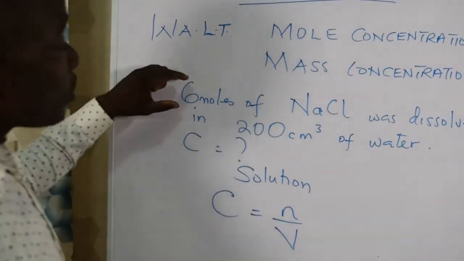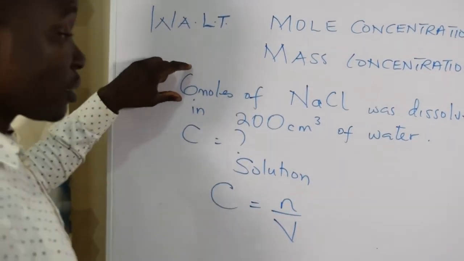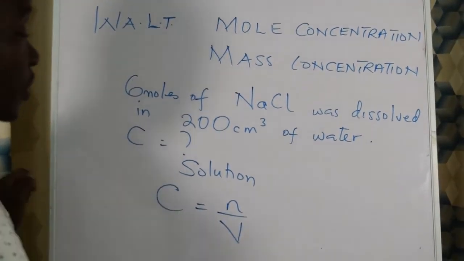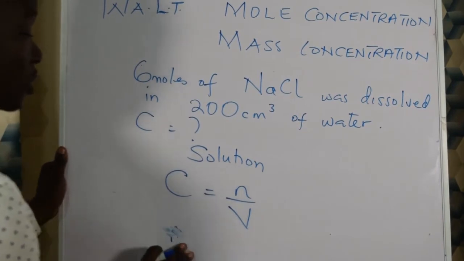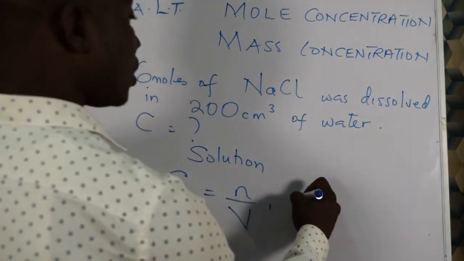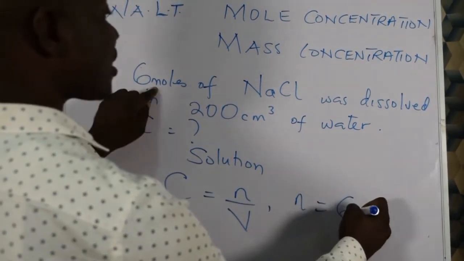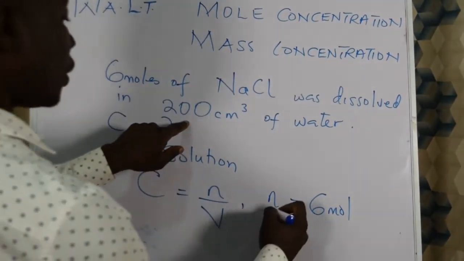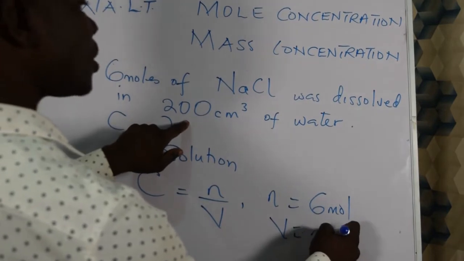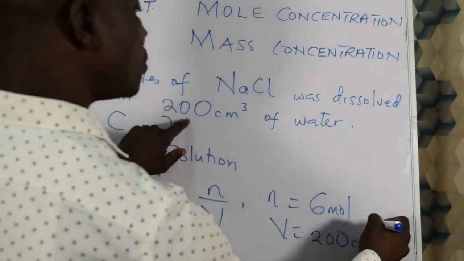Now I go into the question and look at the quantities that have been given. The number of moles is 6, and the volume is quoted as 200 centimeter cube.